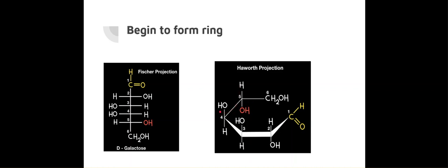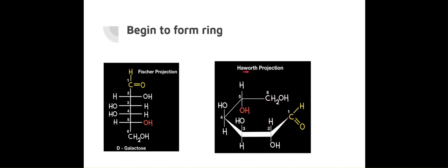And then now these OH groups and hydrogens are going to be either up or down depending on how this is formed together. So if you just take D-galactose and start to put it in a ring formation, this is how you get this.